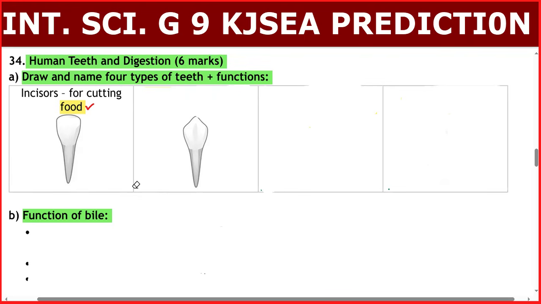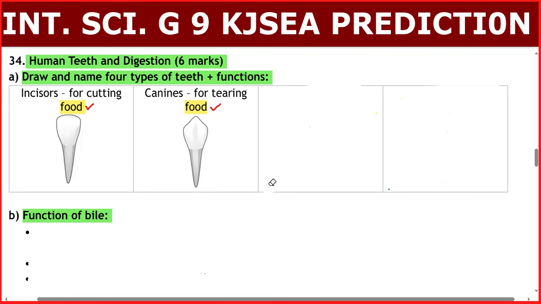So this is the famous canines. What can you say about it? Canines are used for tearing food, and incisors are used for cutting and biting.